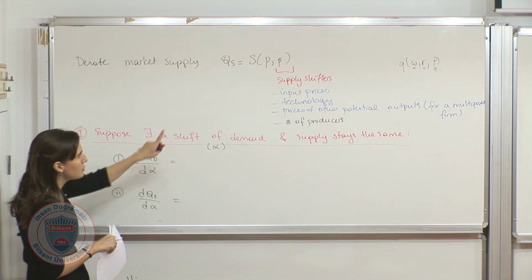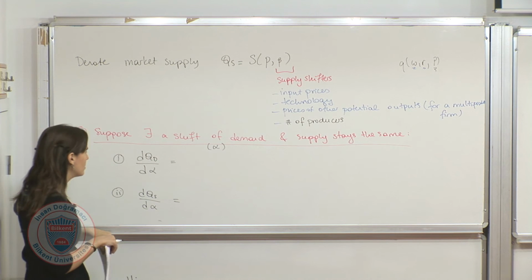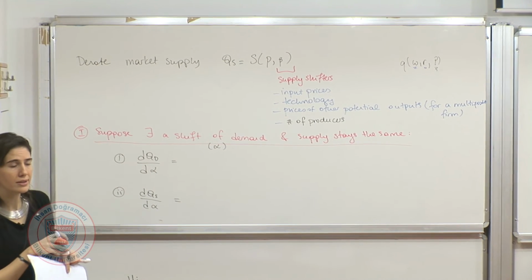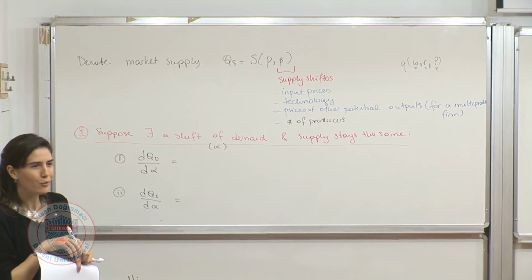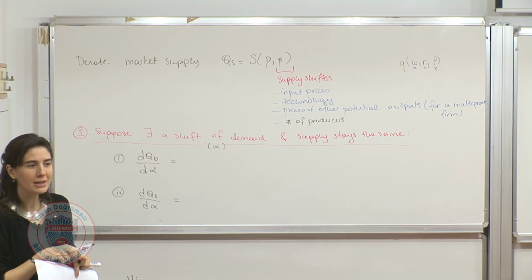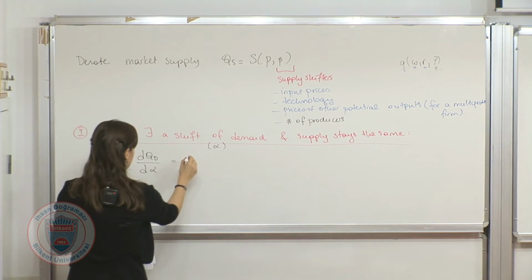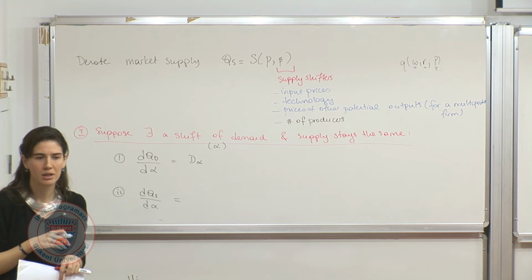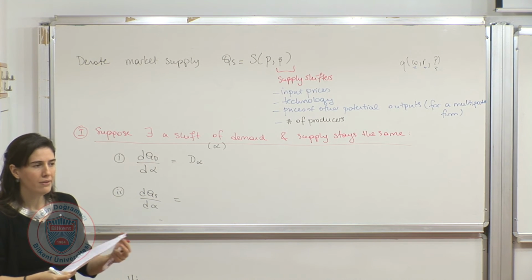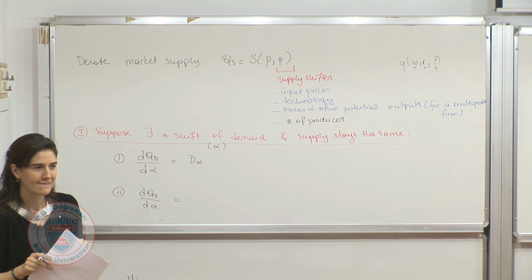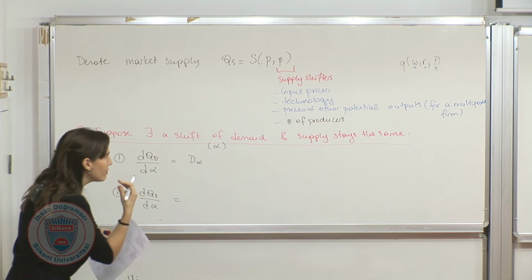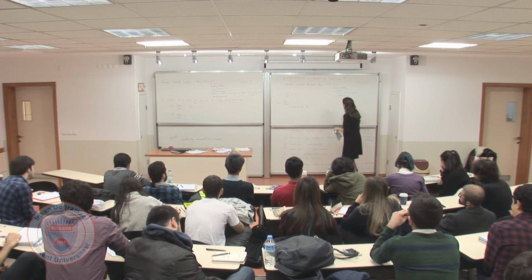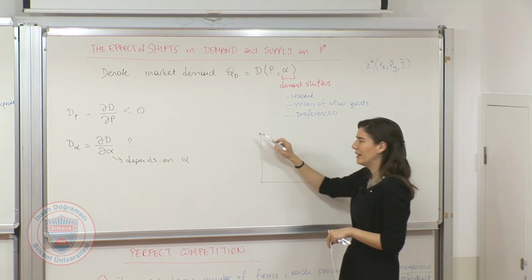Now let me write this. Remember, I write QD like that. If I want to reach alpha, how can I do that? Of course, I'm going to have d alpha, but is that it? If I write this, is this enough? Always remember the graphs that you've been drawing in your introductory econ courses, ever since the beginning.